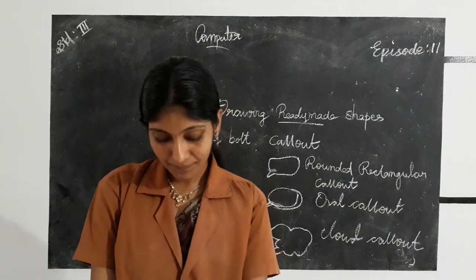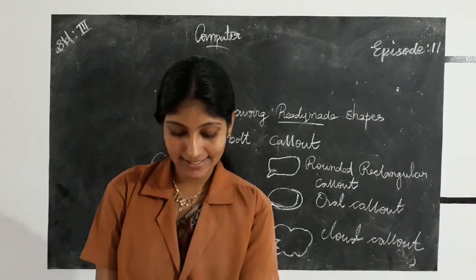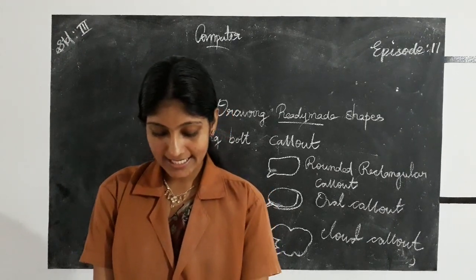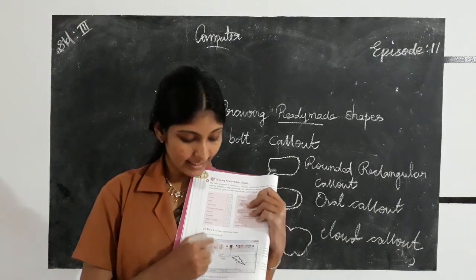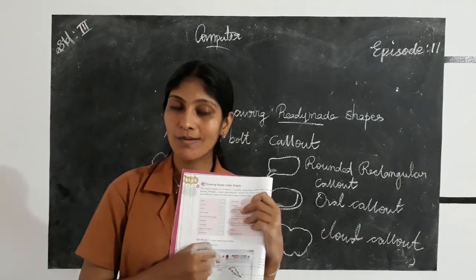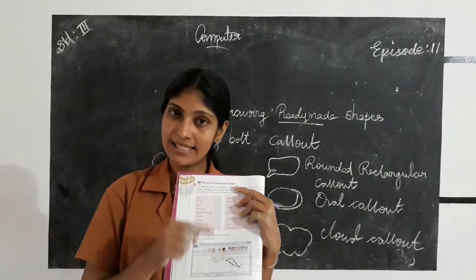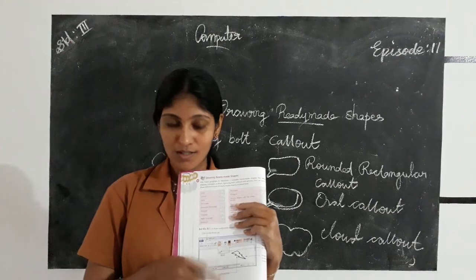Then next, to change the outline size, click size and choose a line thickness. Size means you can increase the thickness of the outline.